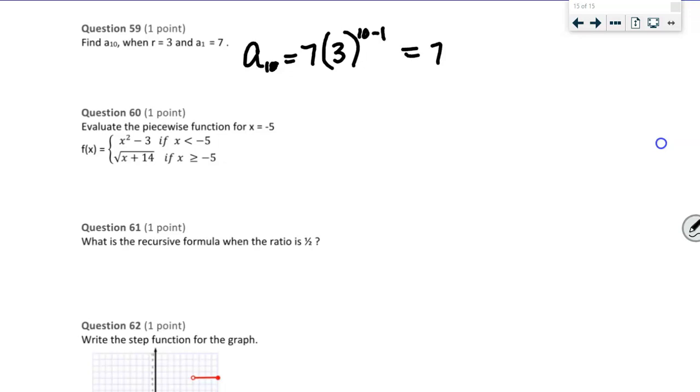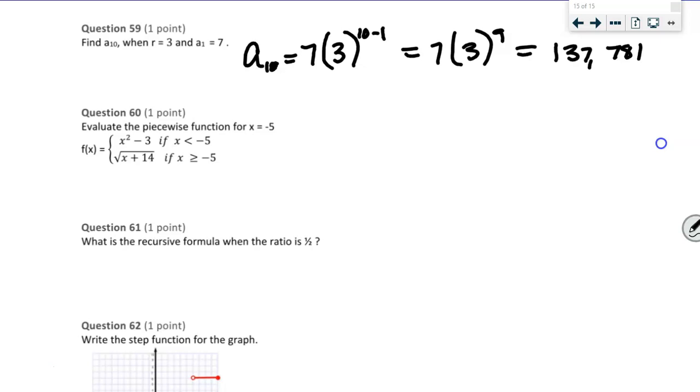So that's going to be 7 times 3 to the 9th, which is going to equal, what did I get for this? Oh yeah, it's a big number. 137,781.